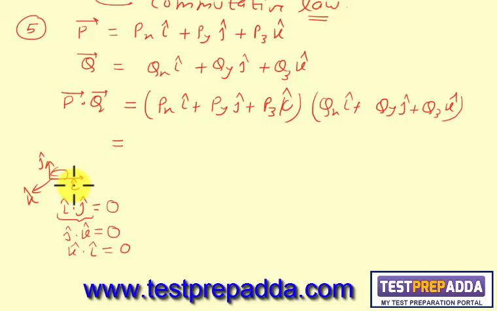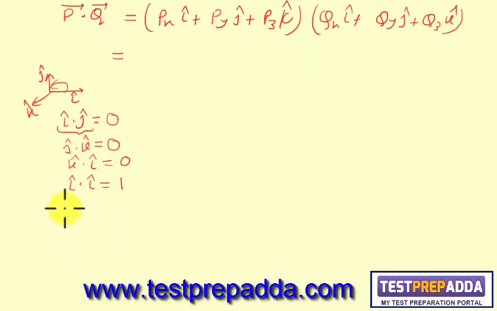But when i cap is multiplied with i cap, dot product, cos 0, because parallel vectors, cos 0 is 1. So i cap dot i cap will be 1. j cap dot j cap will be 1. k cap dot k cap will be 1. And we will use this to get the answer. For example, here, when Px i cap is multiplied with Qx i cap, we will get Px Qx.